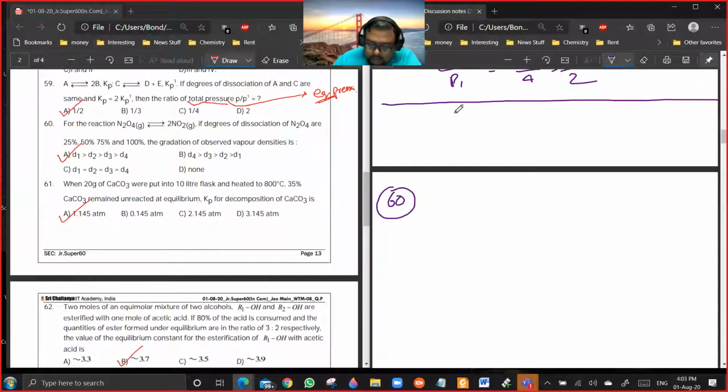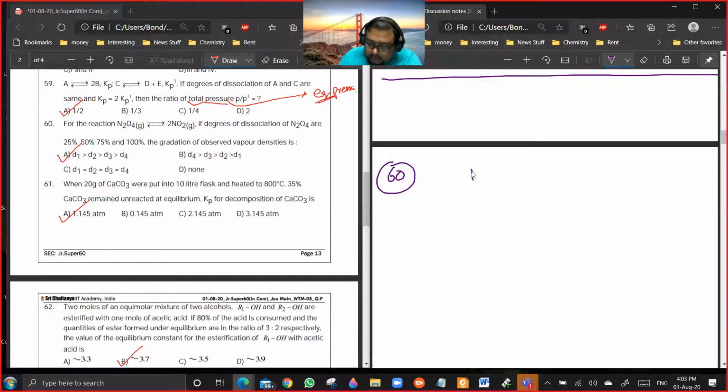There is no space. You see, the reaction is N2O4 giving 2NO2. And if the degree of dissociation of N2O4, alpha, is changing, suppose I am writing 1 and 0. And then at equilibrium it is 1 minus alpha and 2 alpha.